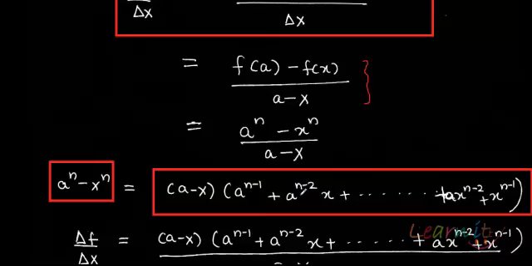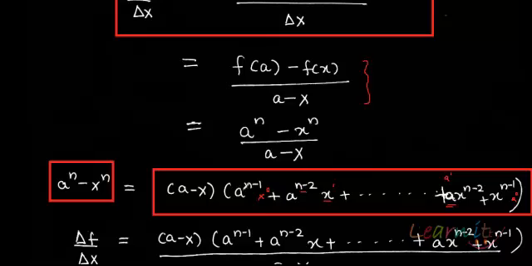The power of a decreases and the power of x increases. Here you had x to the power 0, here you have x to the power 1, and so forth. The power of a is decreasing, so it becomes a to the power 1 here, and the power of x is increasing, so this becomes x to the power n minus 2, plus x to the power n minus 1 into a to the power 0.